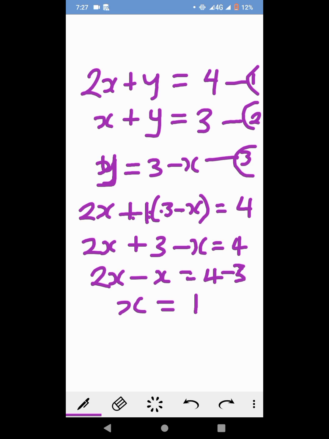All right, let's find y now by substituting this x equal to 1 into any of the equation 1 or equation 2. But I would prefer we use equation 3 because equation 3 is the best equation. Why? Because in equation 3, y is made subject of the formula already. So let's go for equation 3. Equation 3 is giving us y equals to 3 minus x.